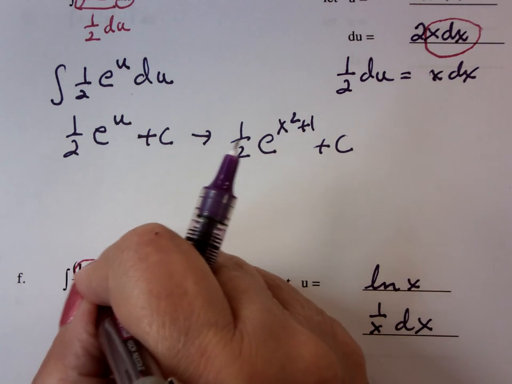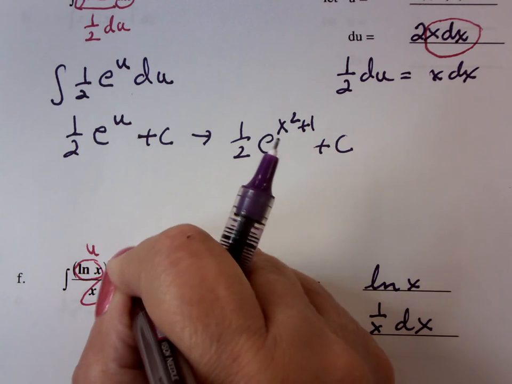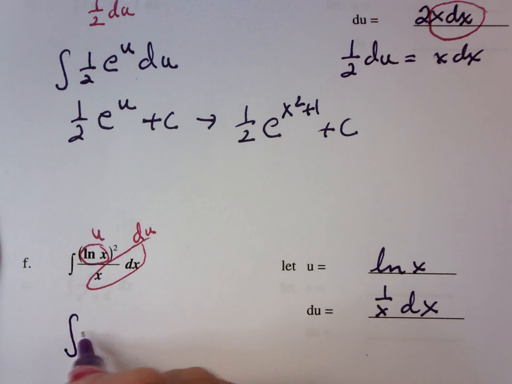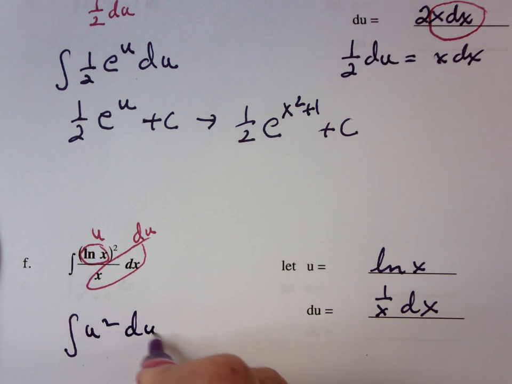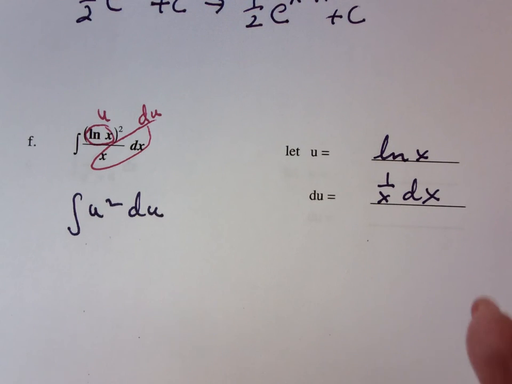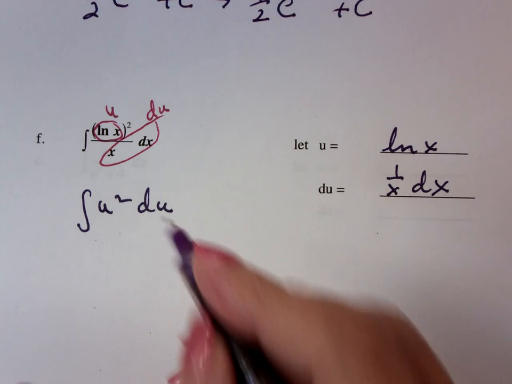So natural log, that's u. This is the 1 over x dx, that's du. And look how innocent this guy looks. U squared du. Now how innocent is that? And then what's the antiderivative of u squared du?